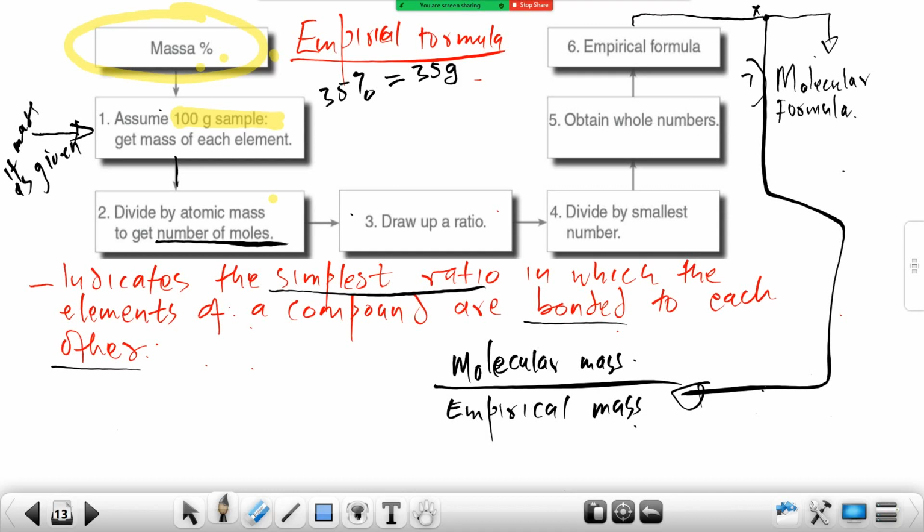So the molecular mass will give us now the multiplier. Let me call it the multiplier. Is it right?